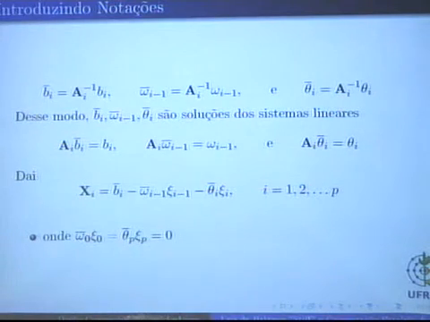Then xi will be beta i bar minus omega i minus 1 bar psi i minus 1 minus theta i xi bar, where here we consider also omega 0 bar psi 0 equals 0, as well as theta p bar psi p.